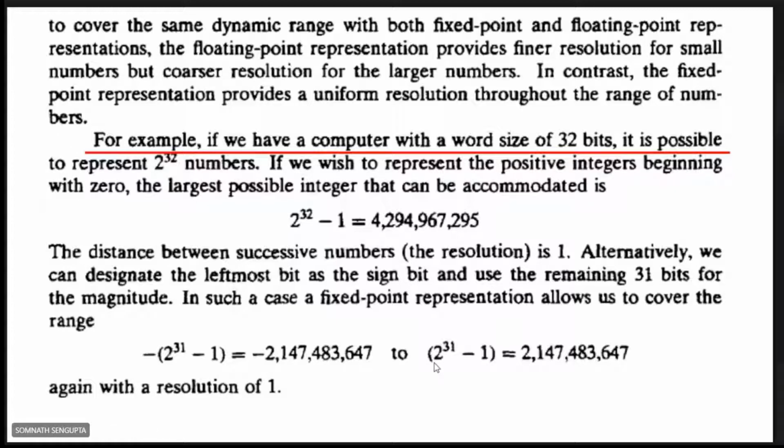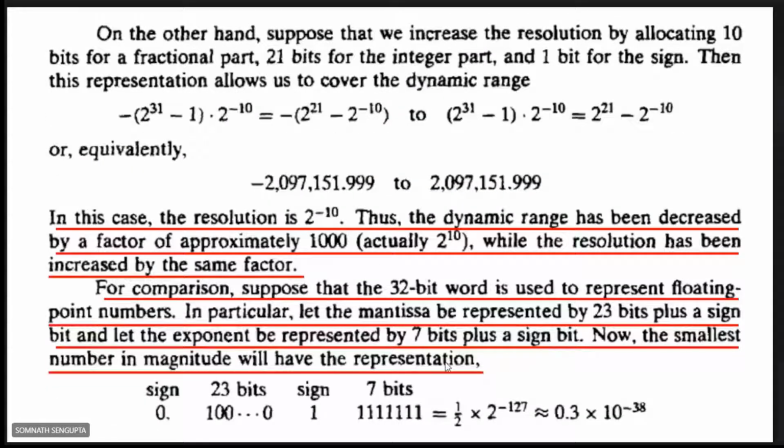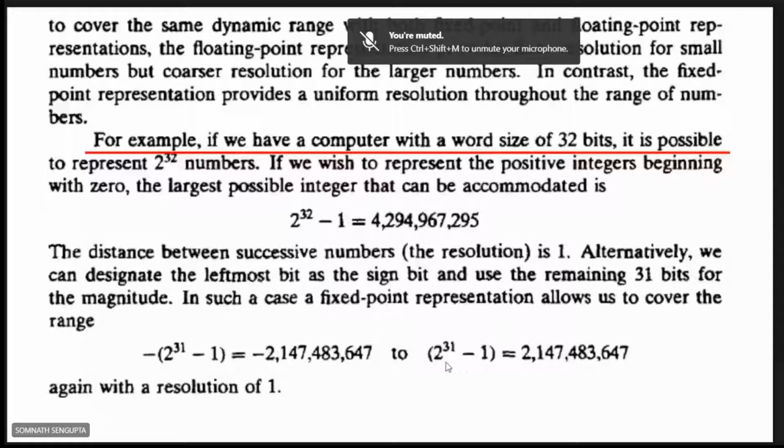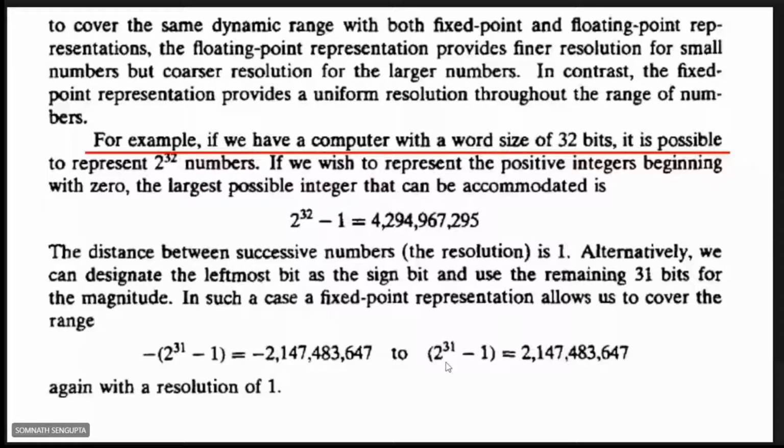Sir, excuse me, sir. Yes. At one place, -1 will not be there, no, sir. Generally we have minus 2 to the power 31 to 2 to the power 31 minus 1. What are you asking? I was saying if we include 0 also, then we do -1 two times, and one more bit will be missing. So only one time -1 will come in the range.